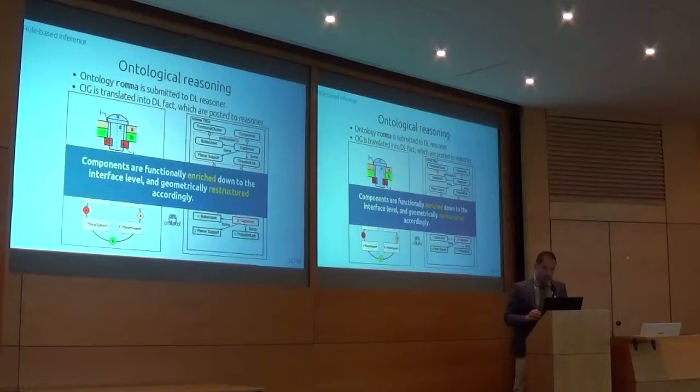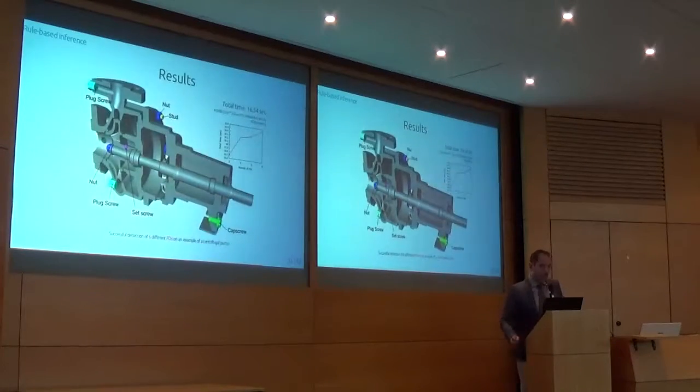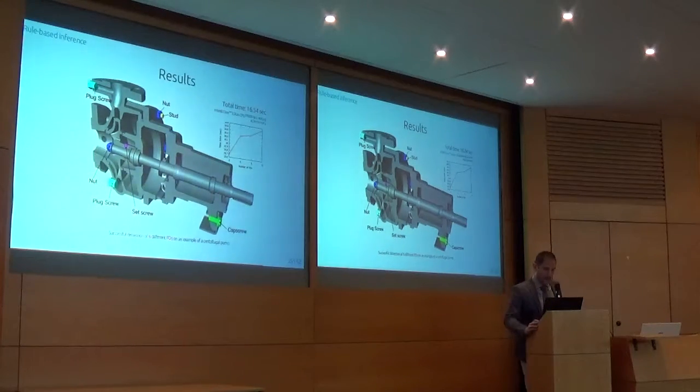Now, at this stage, functional units, which are components, are enriched with functional knowledge down to the interface level after they have been geometrically restructured to this end. Now, to show some results, we take the centrifugal pump again, where 6 different function designations have been successfully recognized.